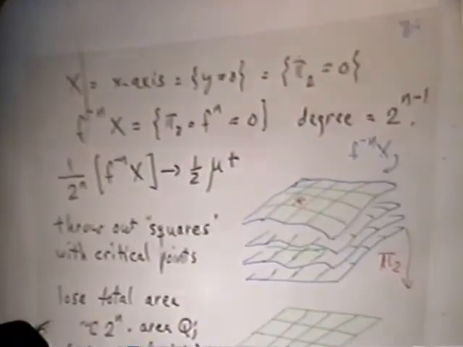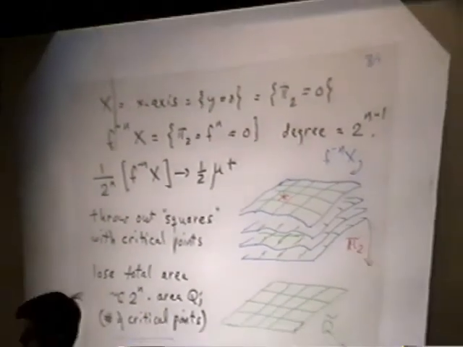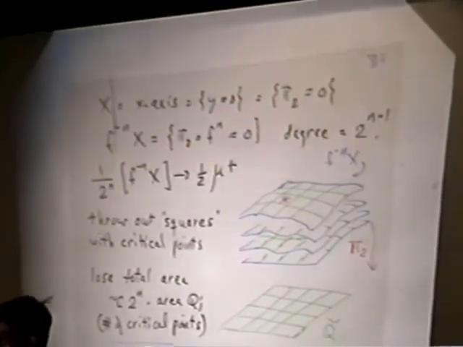So to take the preimage, we take the projection to the second coordinate composed with f to the n. If we project to the first coordinate, we get something of degree 2 to the n. Project to the second coordinate, we get something of degree 2 to the n minus 1. I chose the second coordinate because I wanted to project down, to have my picture going this way, not sideways. That's why I have the 1/2. But this does converge to 1/2 of mu plus.